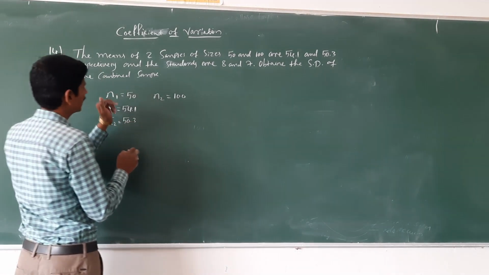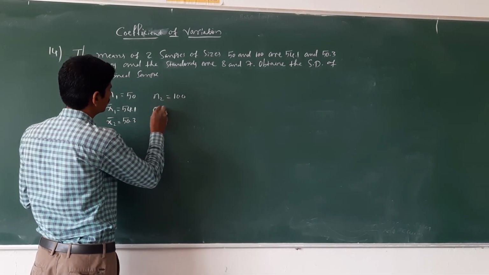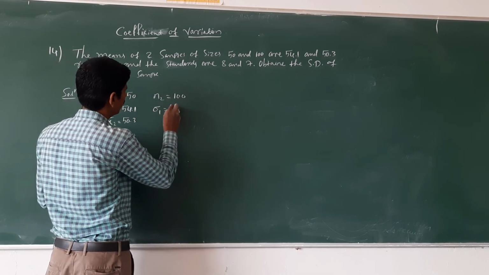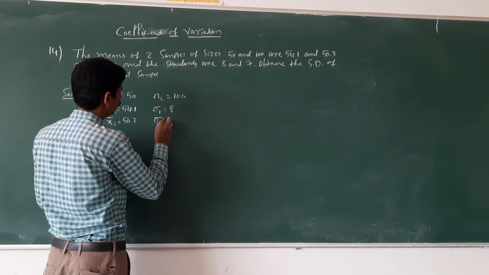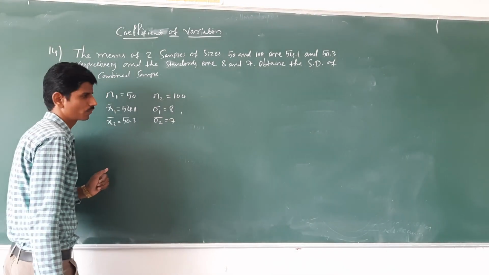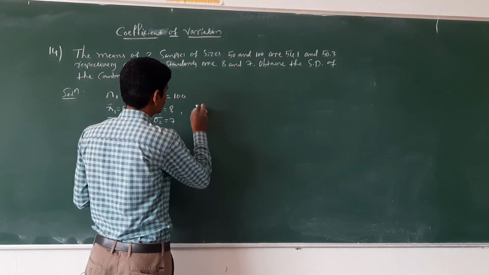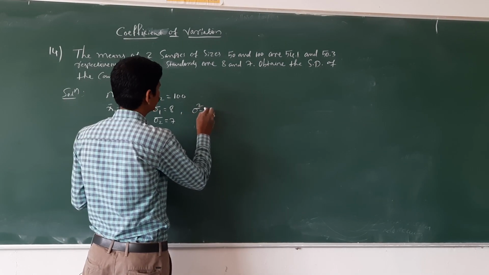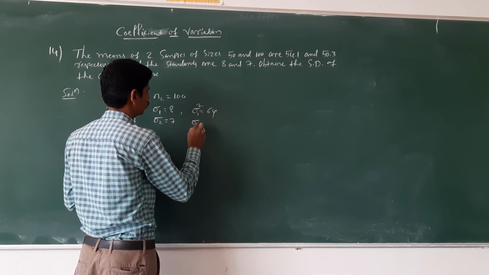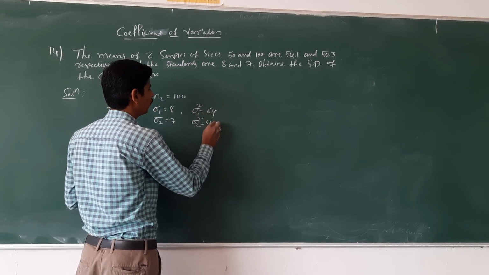The next, with respect to standard deviations, sigma 1 equal to 8, sigma 2 equal to 7. Here we want variance, that is sigma 1 square is 8 square is 64 and sigma 2 square is 7 square is 49.